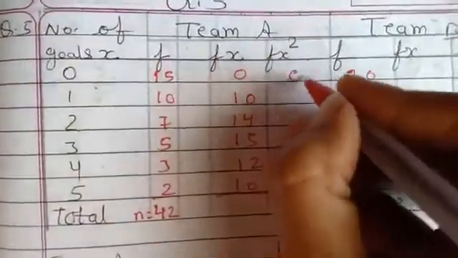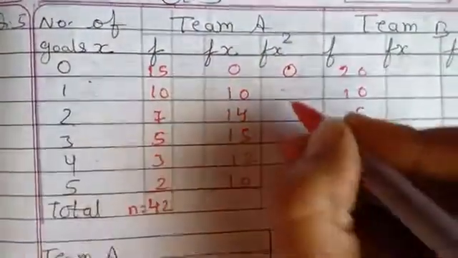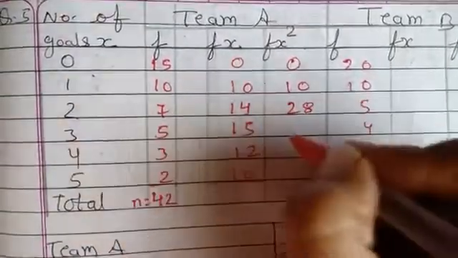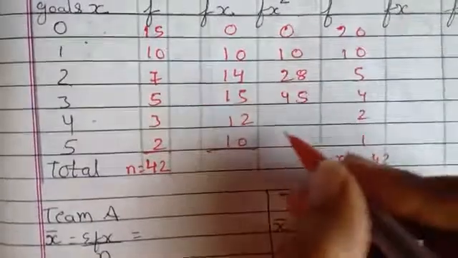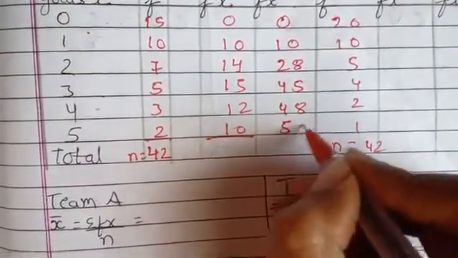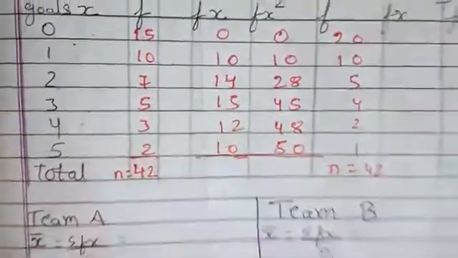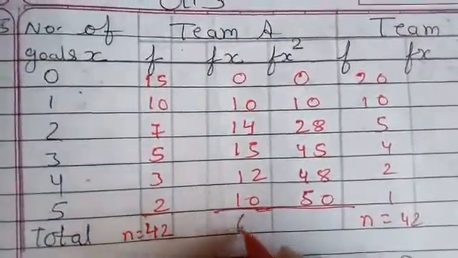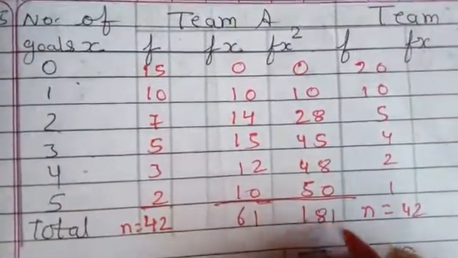So 0 multiplied by 0 is 0, 1 multiplied by 10 is 10, 2 multiplied by 14 is 28, 3 multiplied by 15 is 45, 4 multiplied by 12 is 48, and 5 multiplied by 10 is 50. Total we have to find of fx and fx square columns. So it will come 61 and 181.